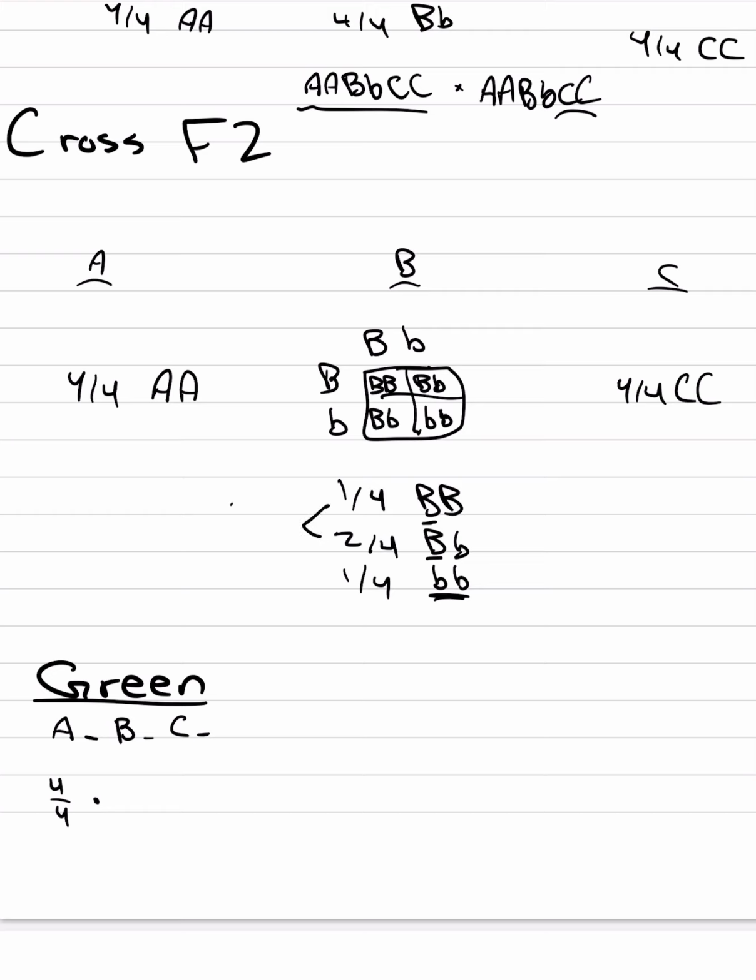We can combine these together to get a 3 out of 4 ratio, times 3 out of 4, times the ratio for at least one big C, which we know is 4 out of 4. So if we multiply that together, we get 16 times 3, which is, if I'm not mistaken, 48 over 64.